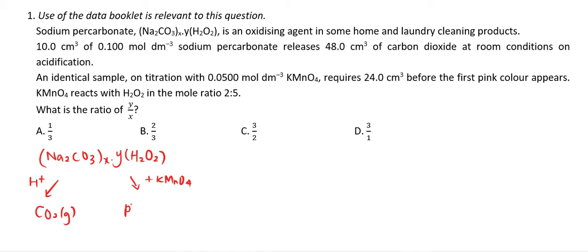Okay, then the endpoint is we get a pink solution. Now look, in both reactions, we are using the same sample of sodium percarbonate, same volume, same concentration. Okay, since we are given the volume and the concentration, we can find the number of mole of sodium percarbonate.